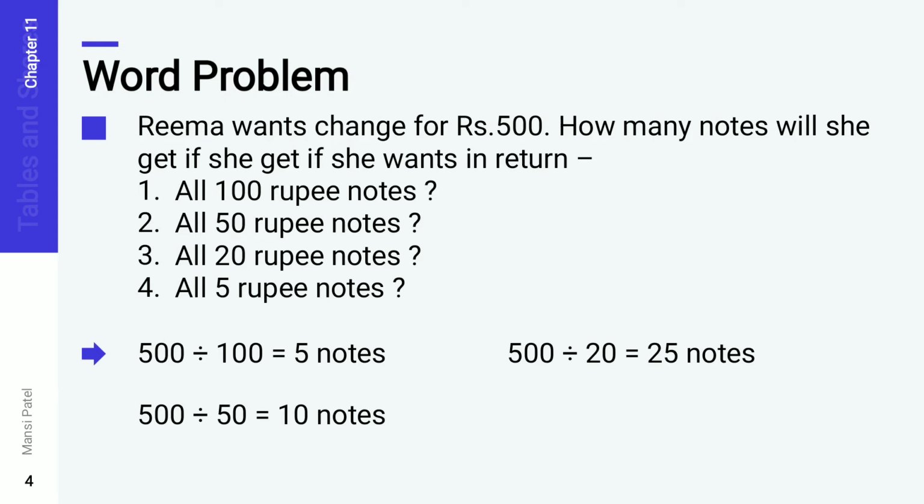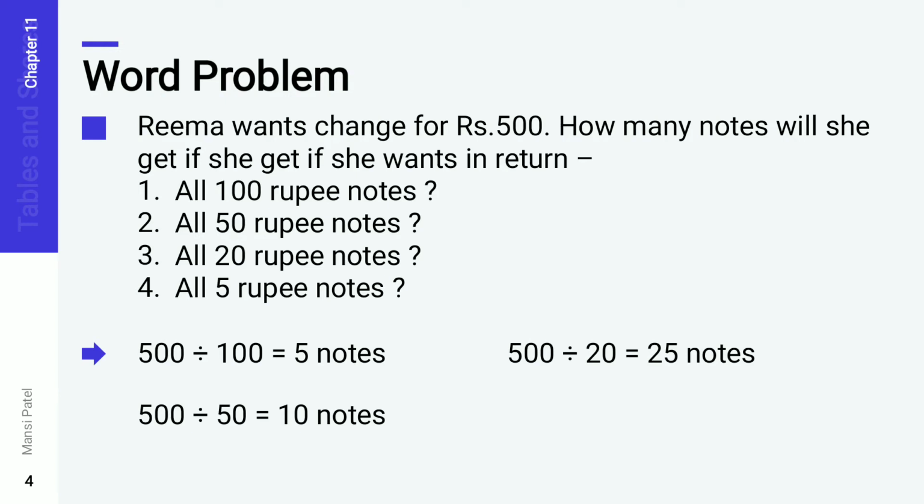500 divided by 20. So how many notes of rupees 20 are there? 25 notes are there. Therefore we can say that 25 notes of rupees 20 make rupees 500.